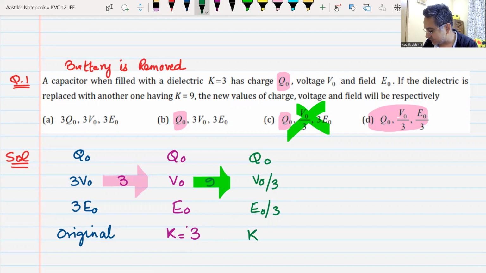This is the capacitor in which a dielectric constant 9 has been inserted. So that is how it is done. I hope we are clear with this. Yes or no? You just have to divide it, nothing else. Okay.